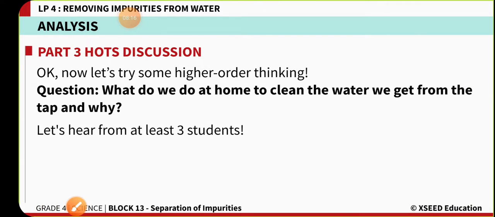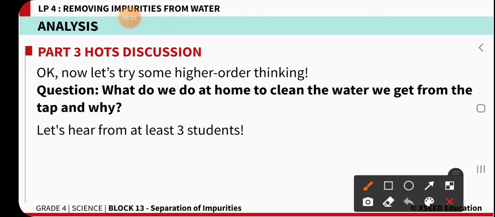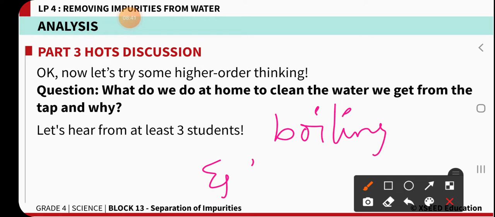So when the water comes to our houses and we are filling it, what do we do at our homes to clean the water that is coming from the taps, and why do we follow those steps? When you are filling the water at your houses, again we do a few other steps, like boiling the water and even filtering the water.